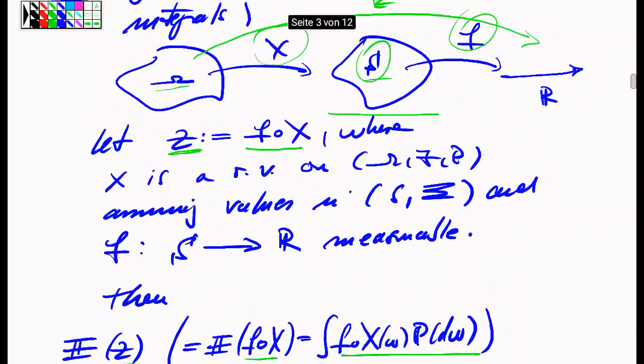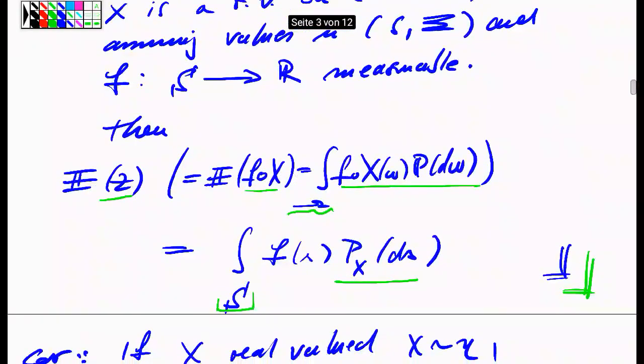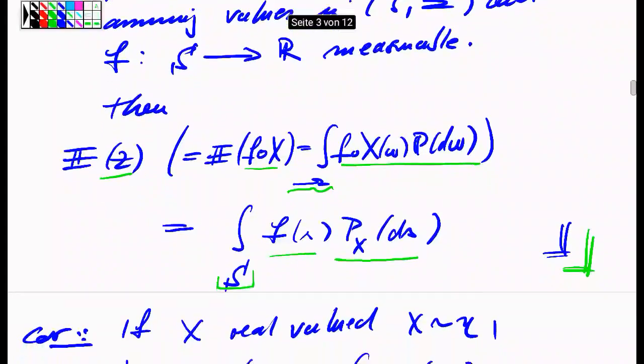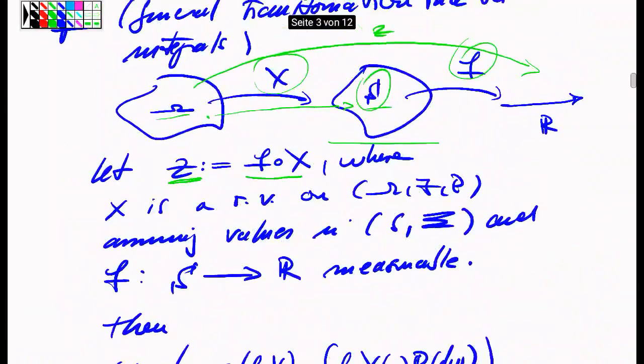So the push forward measure of the p measure on omega, which is pushed forward under x to generate what we called the law of x on S. So that's the statement. If you want to compute the expectation of this combined random variable, all you need is to compute an integral, in fact, on this intermediate space.